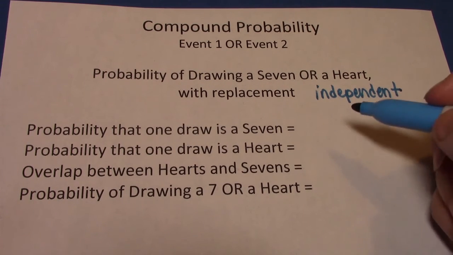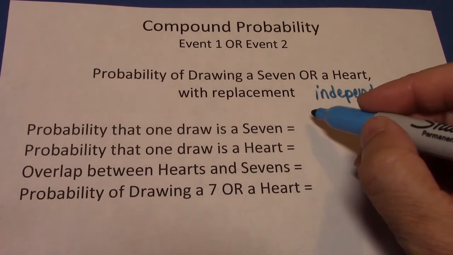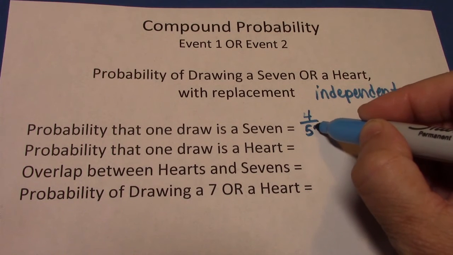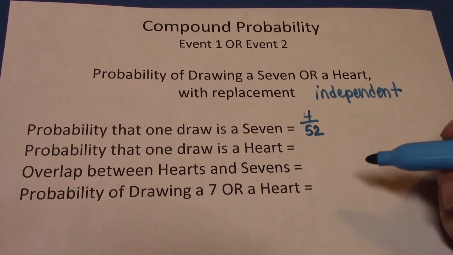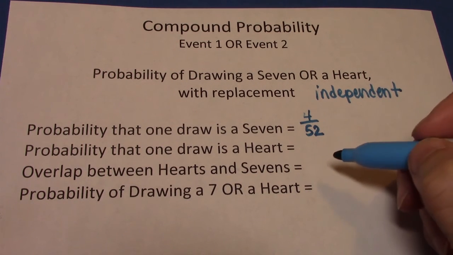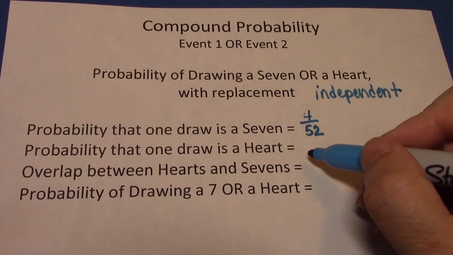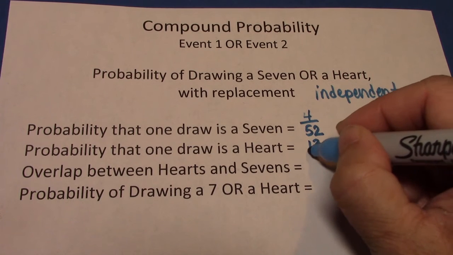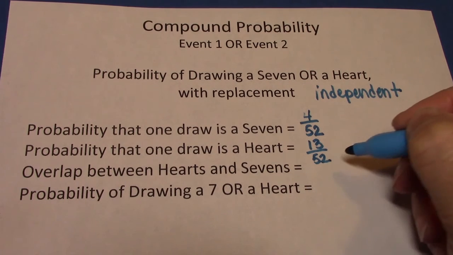For one draw, it doesn't matter again whether it's the first or the second, being a 7, there are 4 7s out of the deck of 52. With the cards replaced, this is an independent event. It doesn't matter what happened the first time. Drawing a heart, there are 13 hearts out of 52.